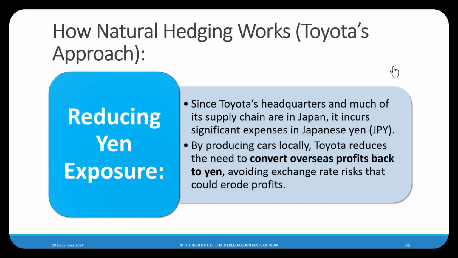I'll just show you how it happened and it wrecked the Japanese economy. Since Toyota's headquarters and much of its supply chain are in Japan, it incurs significant expenses in Japanese yen. By producing cars locally, that means manufacturing in the US or other countries, Toyota reduces the need to convert the overseas profit back to yen, avoiding exchange rate risk that could erode profits.